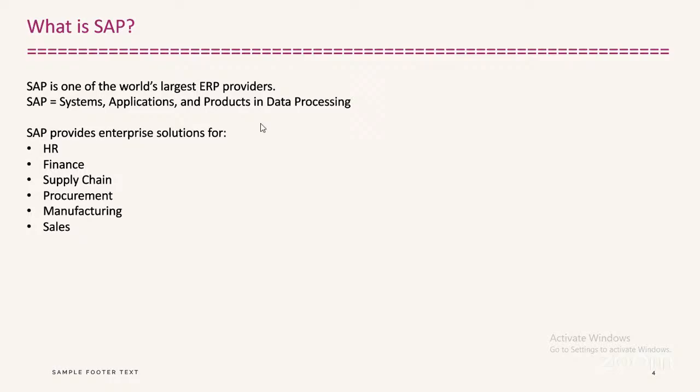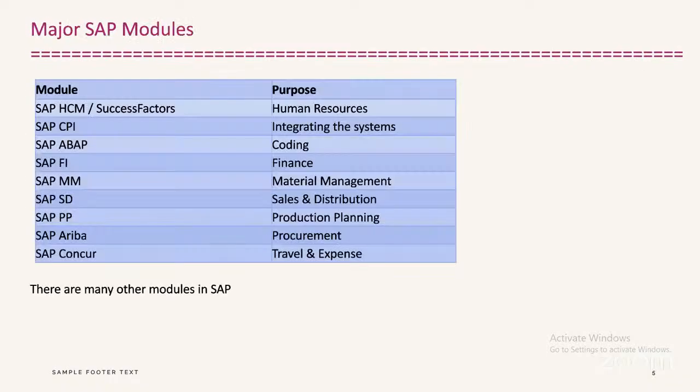Whenever anyone asks, we should not stop at products; we should mention data processing as well. SAP provides enterprise solutions for HR, finance, supply chain, procurement, manufacturing, and sales. There are many other solutions as well, but these are the main ones I have kept in our PPT.